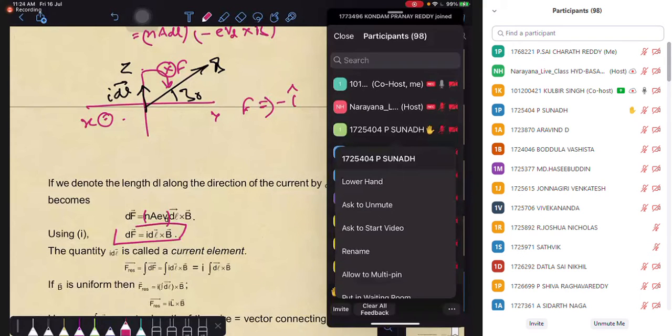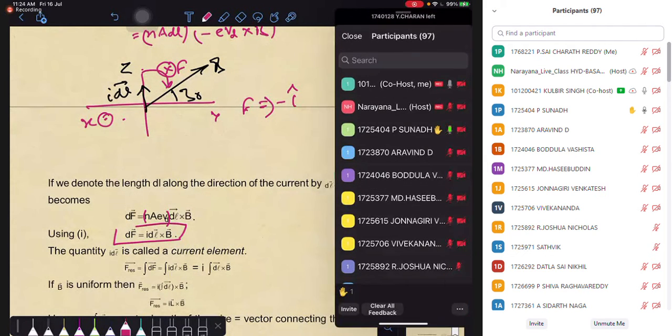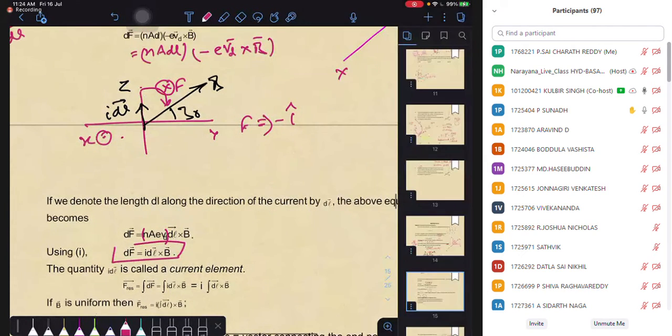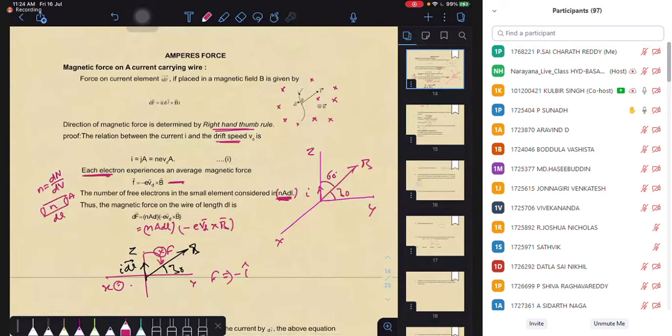Yes, Sunad. Sir, can you explain the direction of force in the first diagram, sir? Direction of force where? First diagram, above the. This diagram? No, sir, above the. This one? Sir, above. First one.